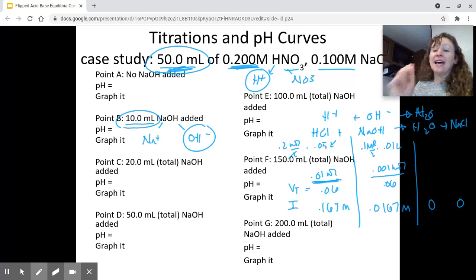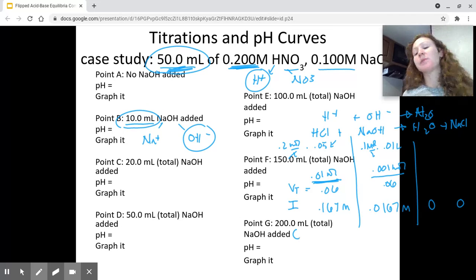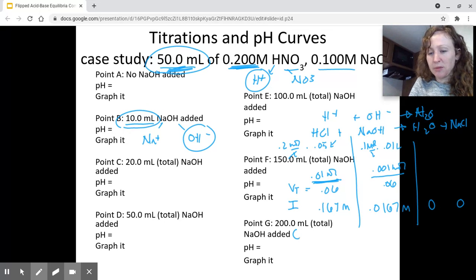Now I look at my change. What's my change going to be? My change is going to be all of one of them, right? It's going to drive to completion until something is gone. So what's going to run out first? My base. So minus 0.0167, minus 0.0167. They're a 1-to-1.